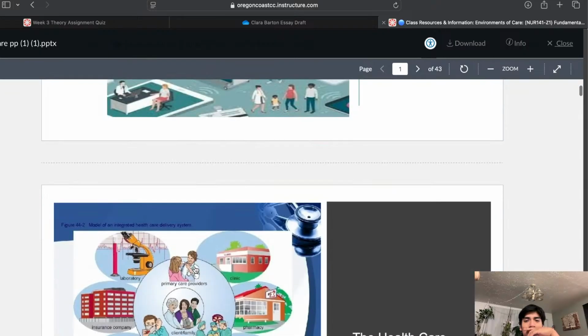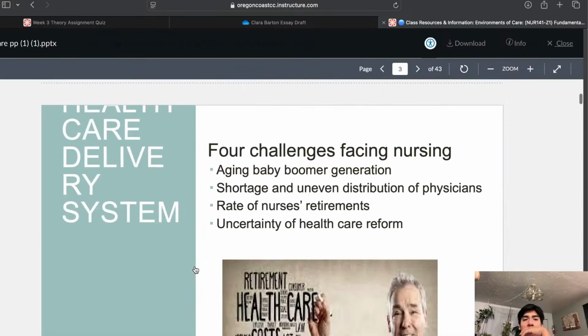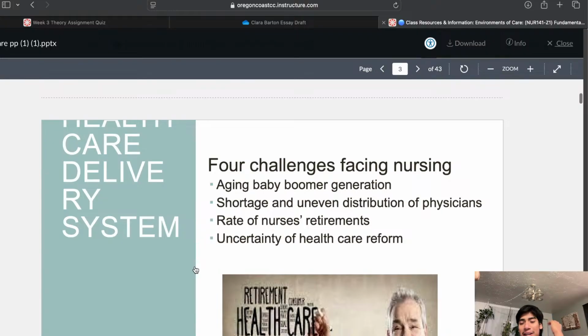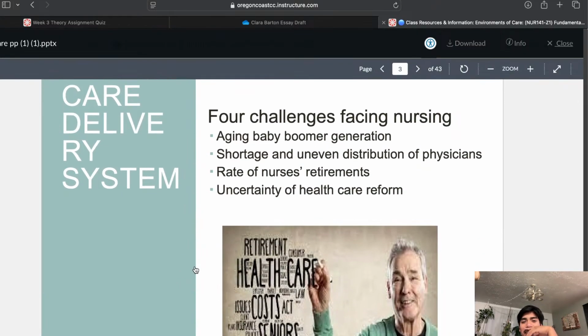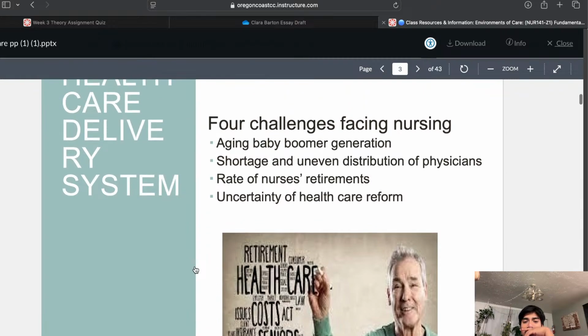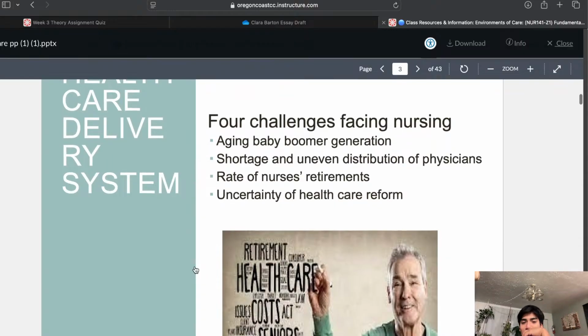Okay. Here we are. 4 challenges facing nursing: aging baby boomer generation. So people are getting older, more people need care. Shortage and uneven distribution of physicians, where there is a huge deficit. Rates of nursing retirements. Nurses are also getting older. Uncertainty in healthcare reform.